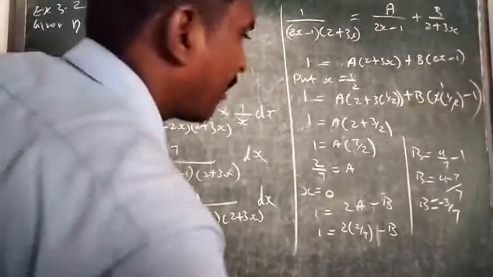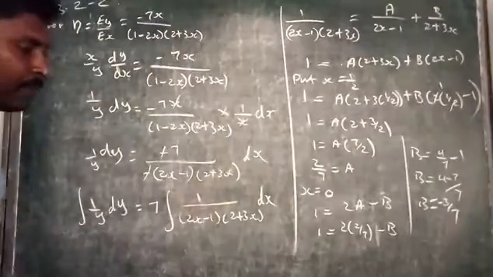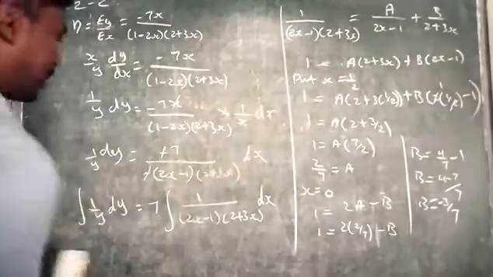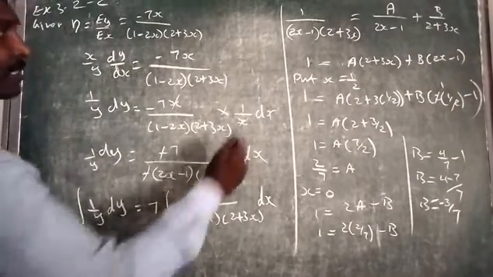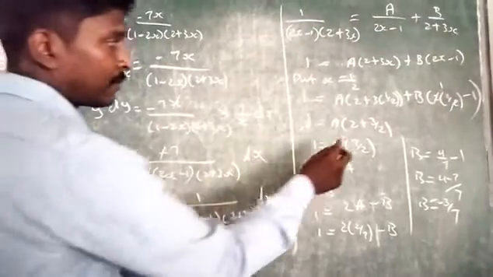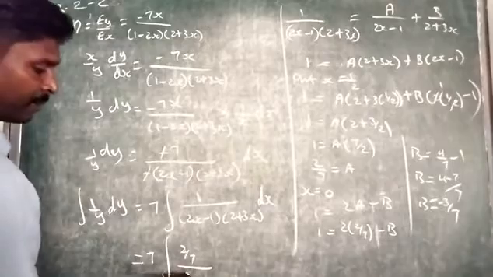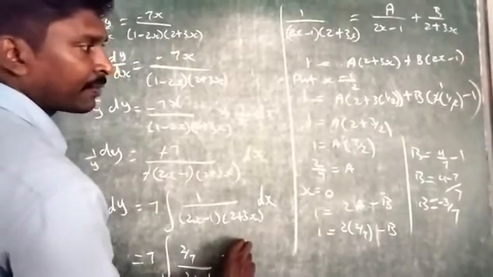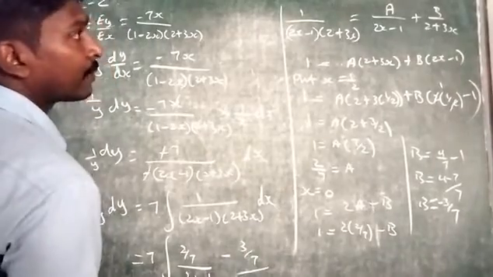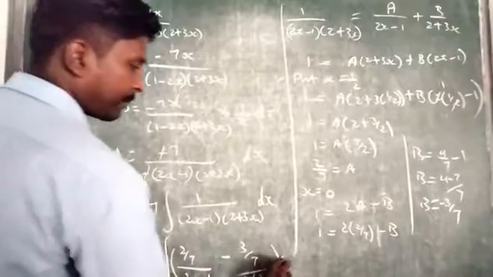Okay, B equal to minus 3 by 7. After finding the A and B values, substitute here. So now we have the same term, separated and written in two parts, the sum of two terms. Now we can write 7 into the integral of, instead of A, 2 by 7, so 2 by 7 into 1 by (2x minus 1), then minus of 3 by 7 into 1 by (2 plus 3x) into dx.